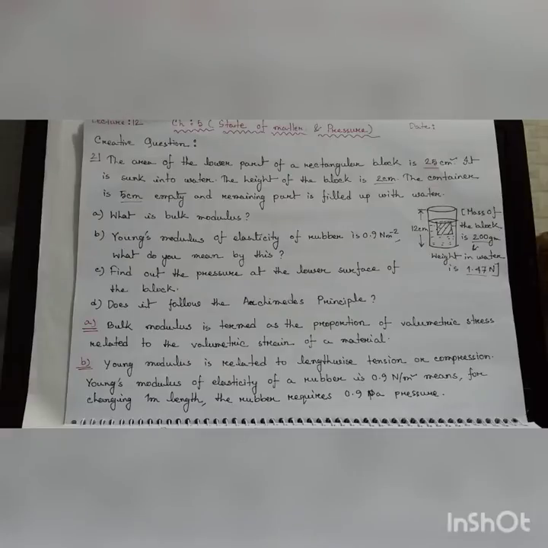As I have told earlier, the important portions of this chapter related to creative type questions are buoyancy related questions, Pascal's law related questions, and density related questions. We are trying to solve some questions related to these topics.